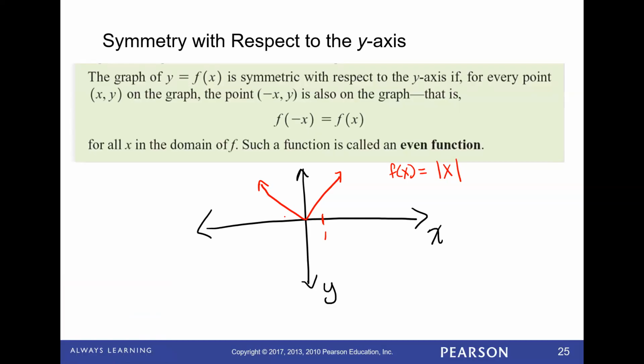So they would have the exact same y value. If I look at x equals 2, it's going to have the exact same y value as x equals -2.